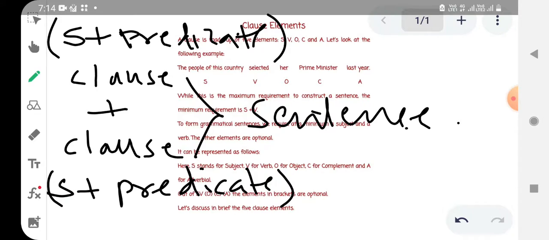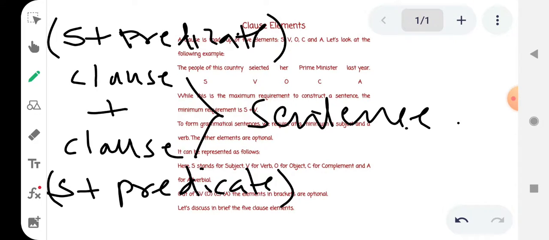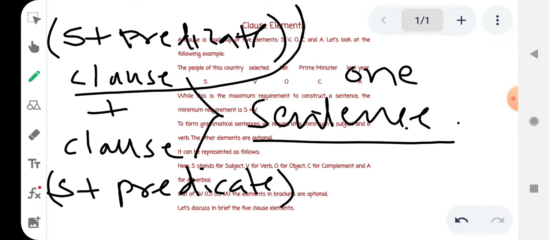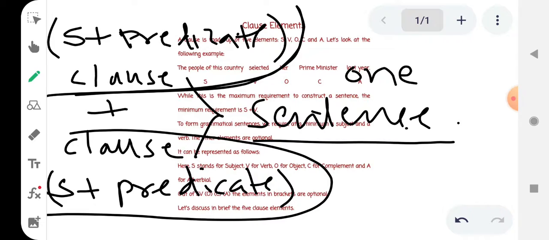So such two clauses may be combined together to form one sentence. We combine two sentences to form one sentence.